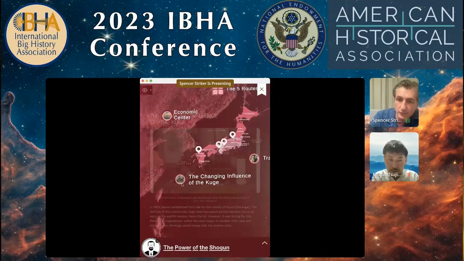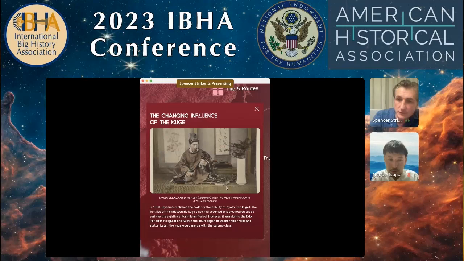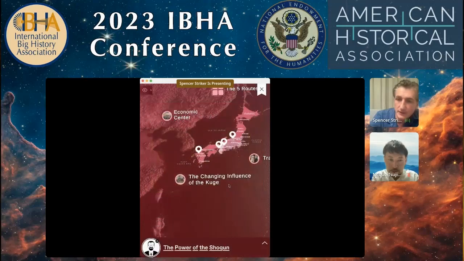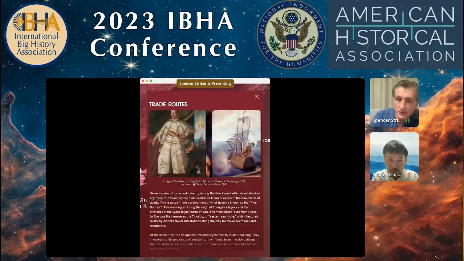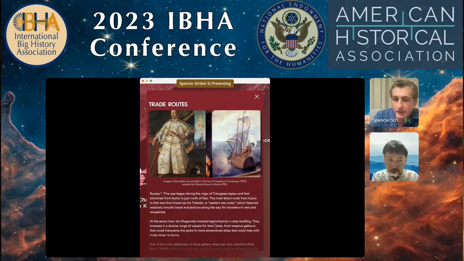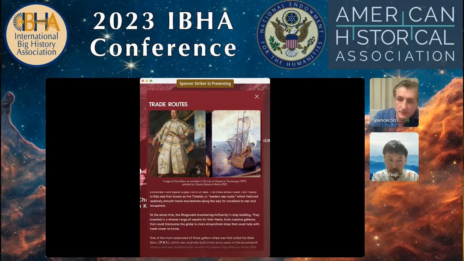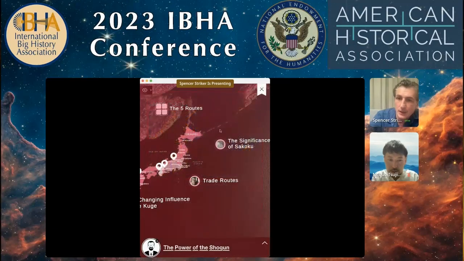Same idea of points of interest, and as you read through, you're getting high quality images and text. At the end of the day, it's always about trying to get the student exploring, learning about history, being interested in history.